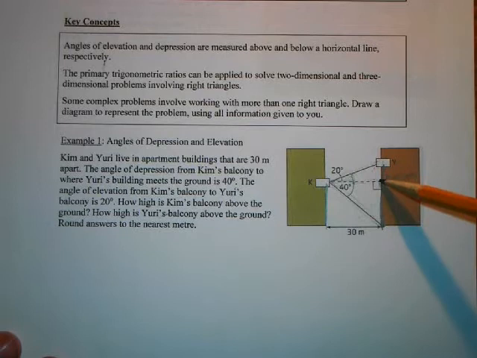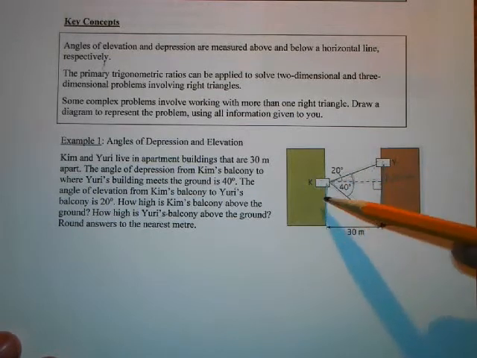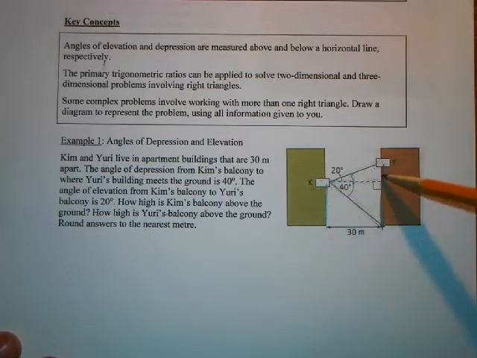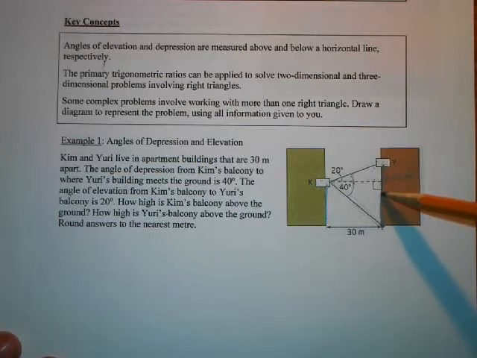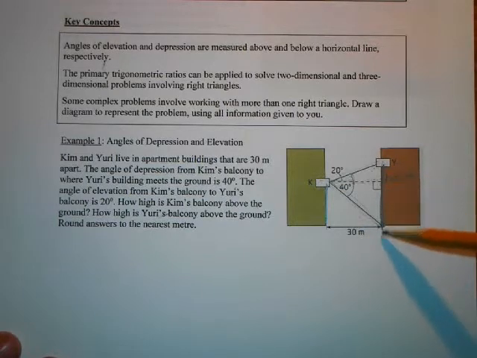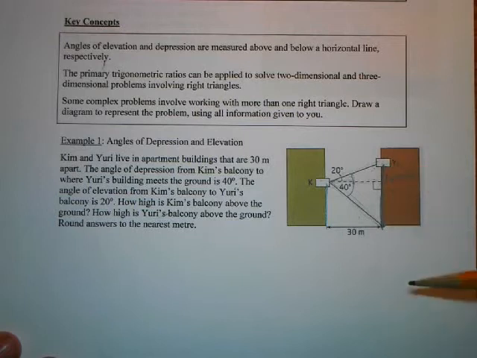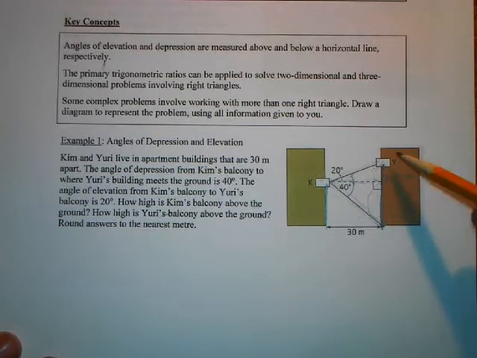So that side would be the height of Kim's balcony. And if we combine both of these sides of the two triangles, added together, we get the height of Yuri's balcony. So basically we're going to try to solve this side and this side, and that's eventually going to give us both answers we want.